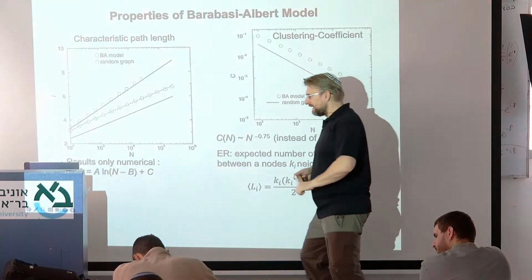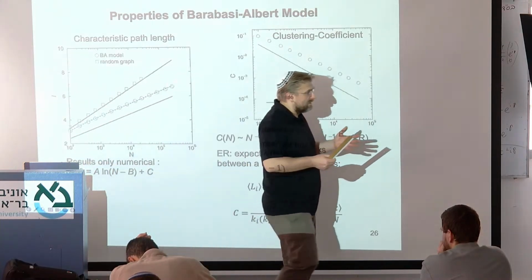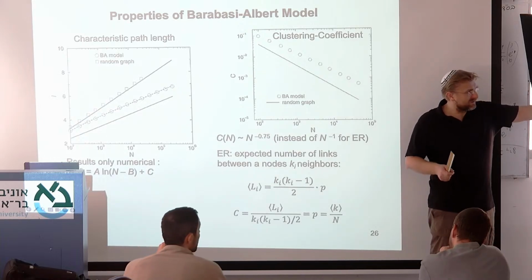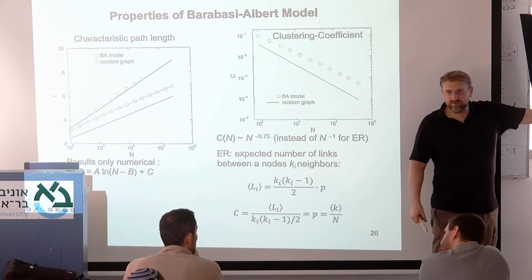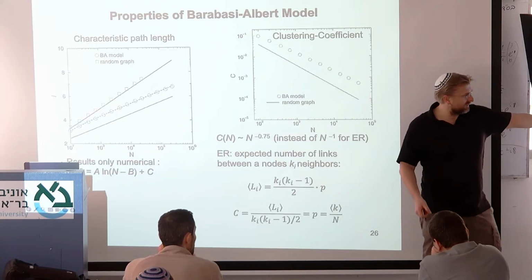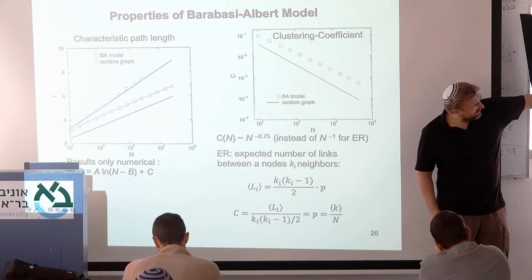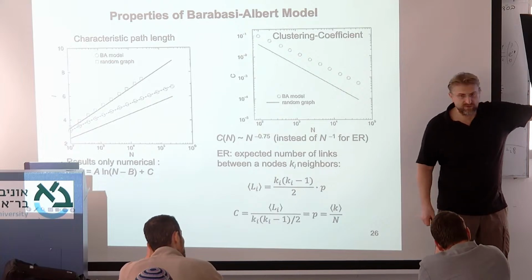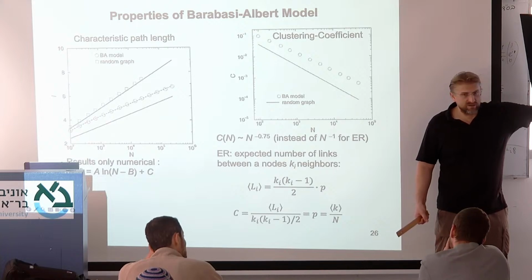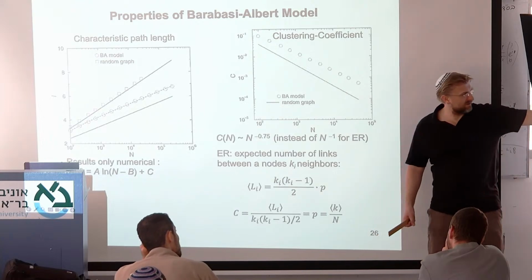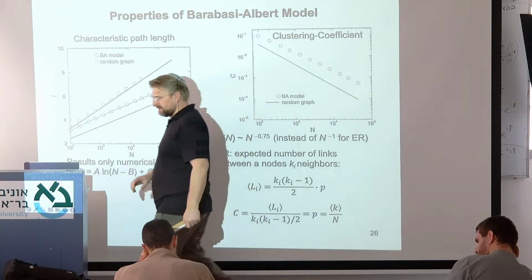So this is the average L_i, and the clustering coefficient we just looked at is this L_i divided by the possible number of links, right? So this was the definition of the clustering coefficient, and then you plug in L_i. You see these two terms cancel, and what you're left with is p. And p in the Poisson distribution is just average k divided by N. This way you get that the clustering coefficient decays with 1 over n, right? So very easy calculation.